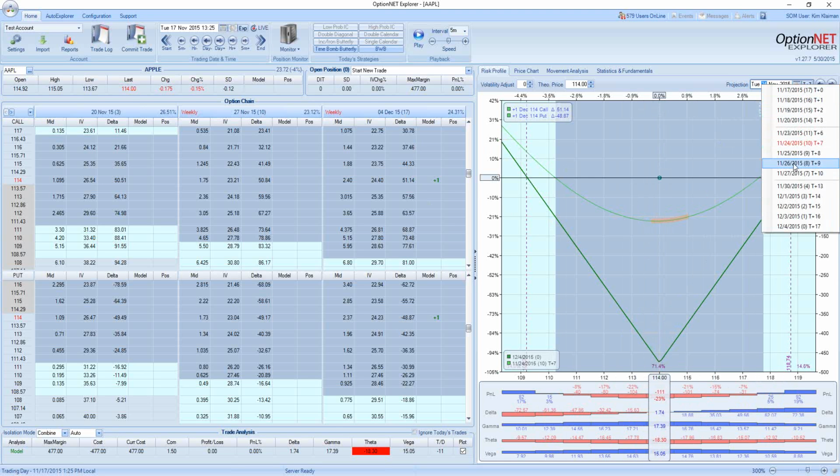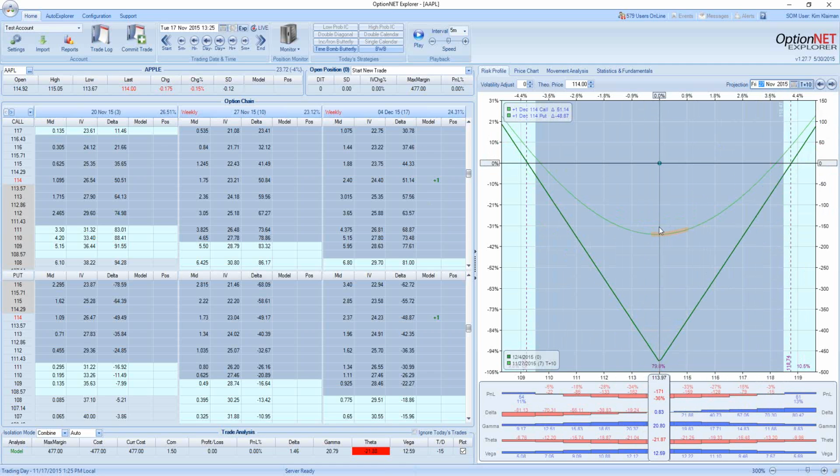And if we go another few days, you can see we're already down 36%. Now this is assuming all other factors equal. For example, we didn't adjust volatility.